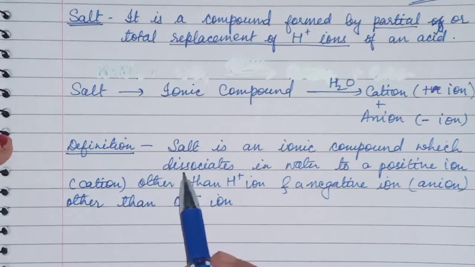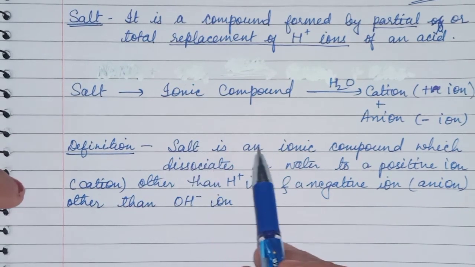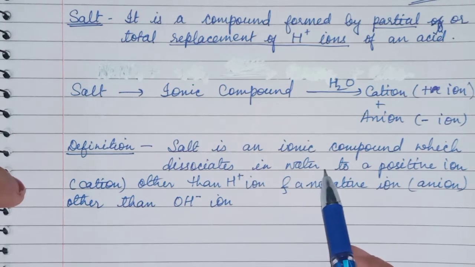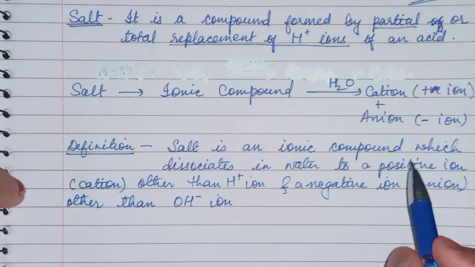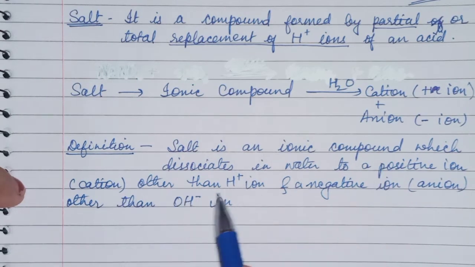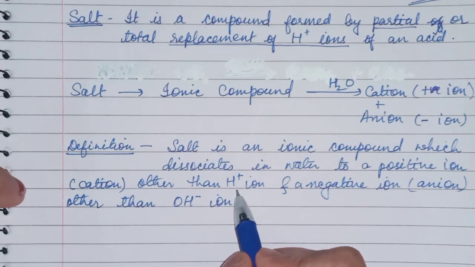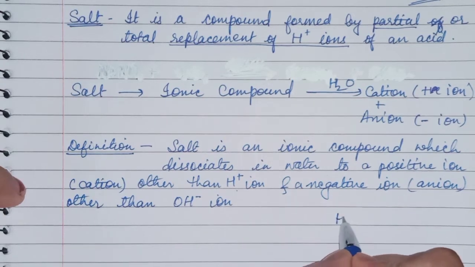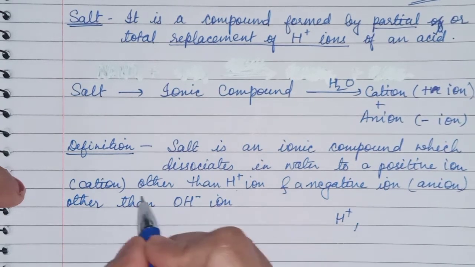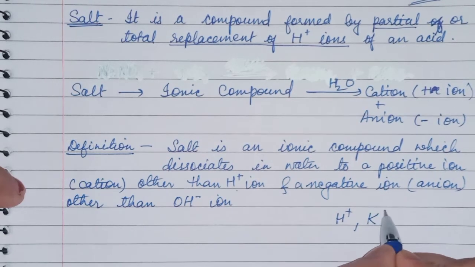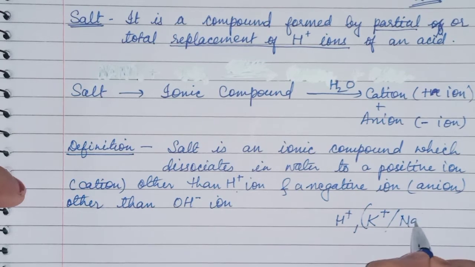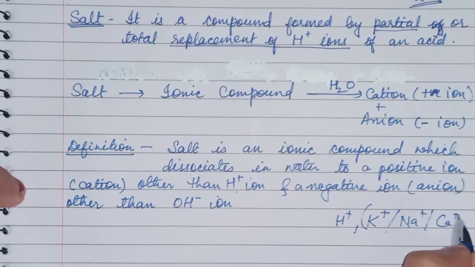Now another definition of salt is that salt is an ionic compound which dissociates in water to form a positive ion, known as cation, which is other than the H plus ion. That means H plus will be there, and with it one more plus ion, it may be K plus, Na plus, Ca plus, like that.